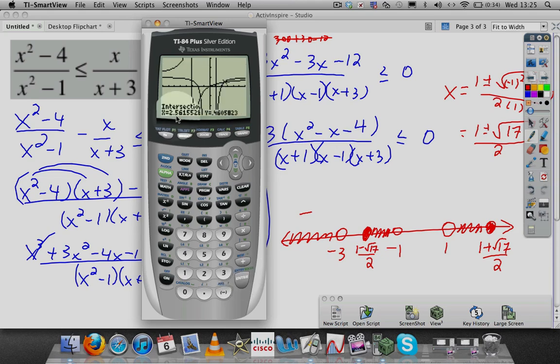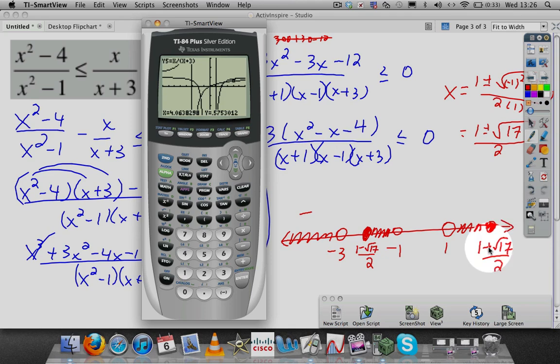So the decimal 2.56 is equivalent to this exact form. And then we want to come over from that point and look over here. Okay, so we can just trace, go over, and the curves change. So at this point, we can see that the curve that's lower is x over x plus 3, which is this one, which we don't want.